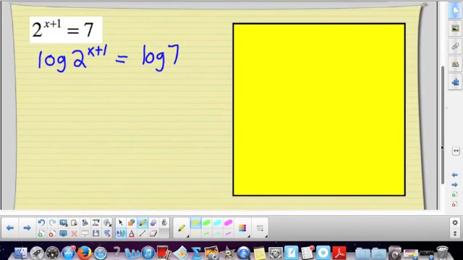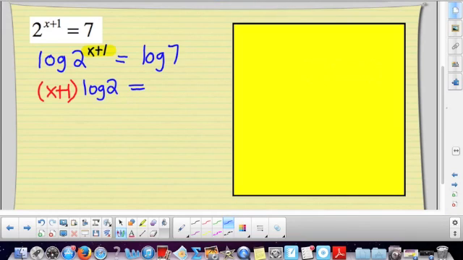So I'm applying what rule? The power rule, good. So I'm going to bring the x plus 1 down, because remember, my goal is to isolate the x at the end of the day: (x plus 1) log 2 is equal to log 7.